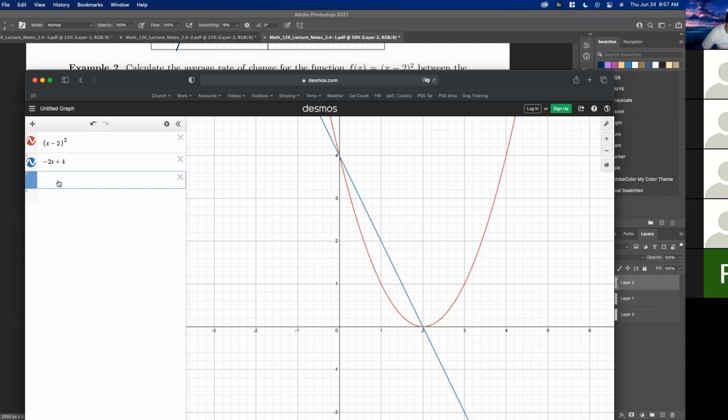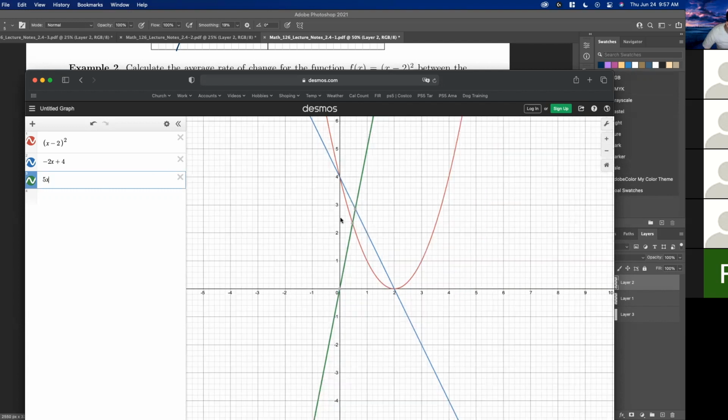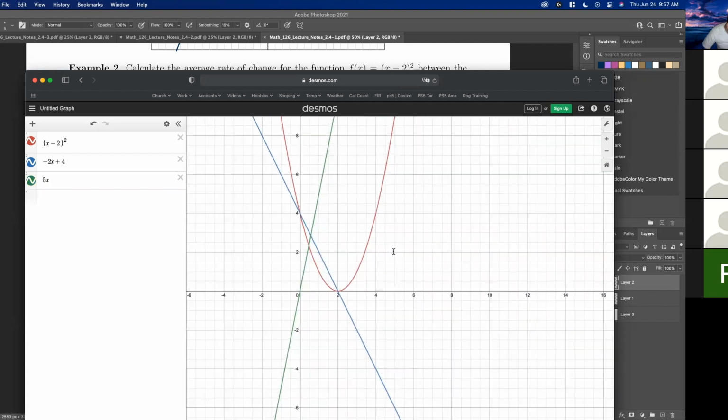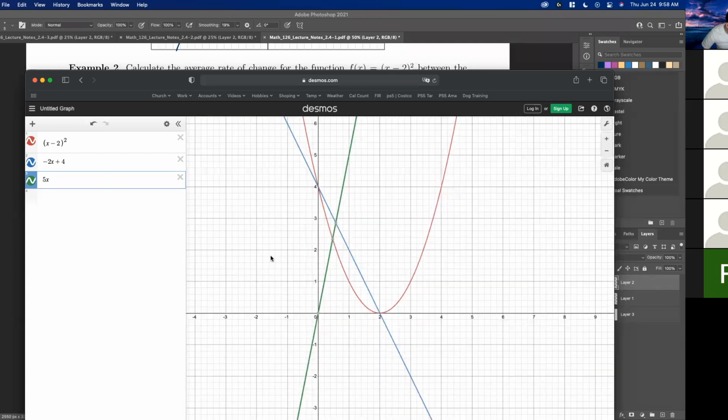And for the other one we did, it is 5x minus 14.